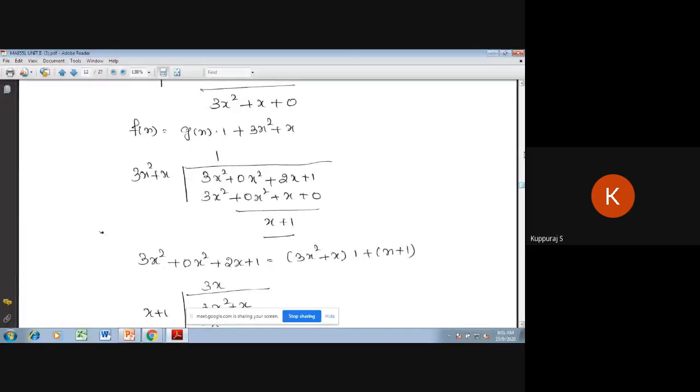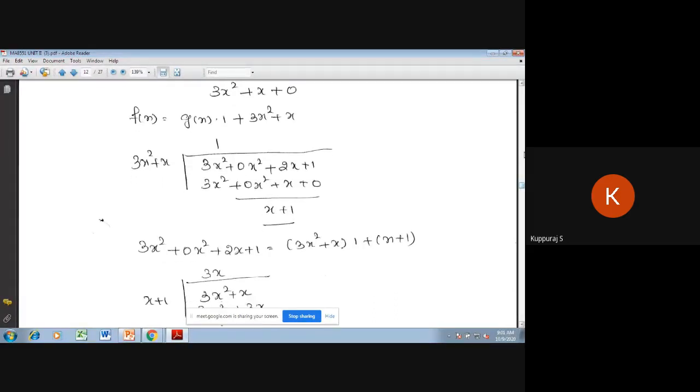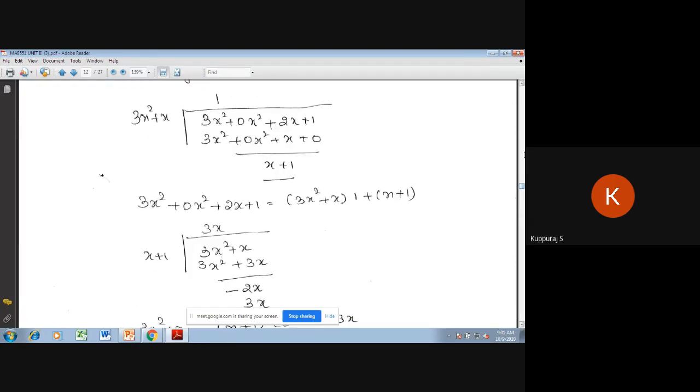Now again, the remainder x plus 1 becomes the divisor. The latest divisor, 3x square plus x, becomes the dividend.